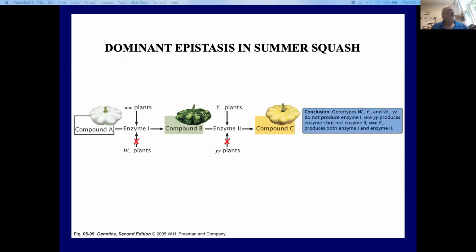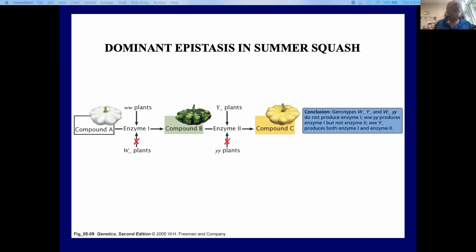white squash, the dominant W allele prevents the synthesis of enzyme 1, and therefore no pigment is produced and the fruit is white. In plants that are little w, compound A is converted to compound B by enzyme 1. And then in big Y plants, enzyme 2 is made, and that converts compound B into compound C, and you have yellow fruit.